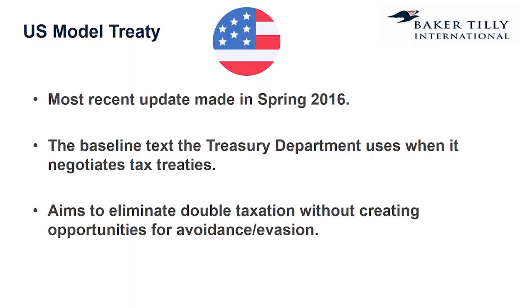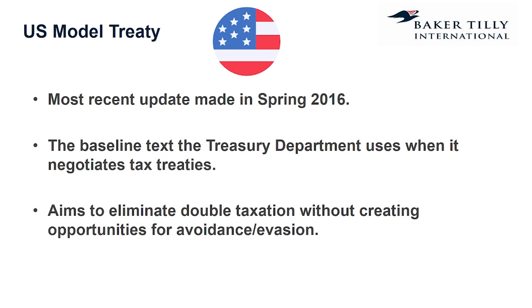The US Model Treaty I won't say too much about. You can access all these online, so you can read any of these treaties and work out what they're about and how they work. The most recent update to this is spring 2016.